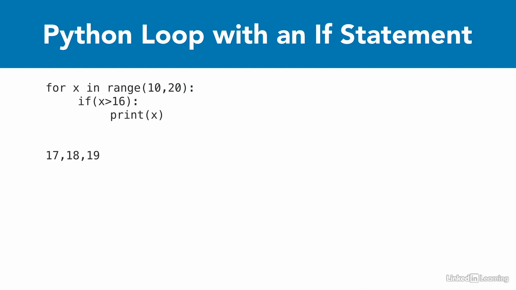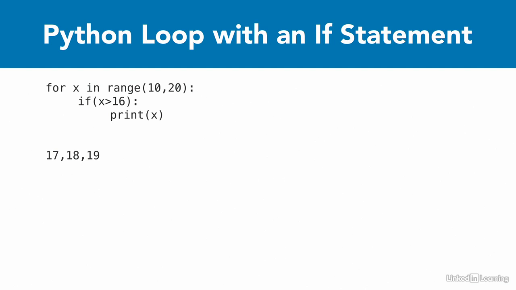So then I have another colon and another indent. So therefore, everything after the if statement is indented again. So therefore, we have 2 indents that represent 1, the loop, and 2, the if statement. So in the end, as I loop over from 10 to 19, that's how that works, 10 to 19, if x happens to be greater than 16, it'll print it to the screen.